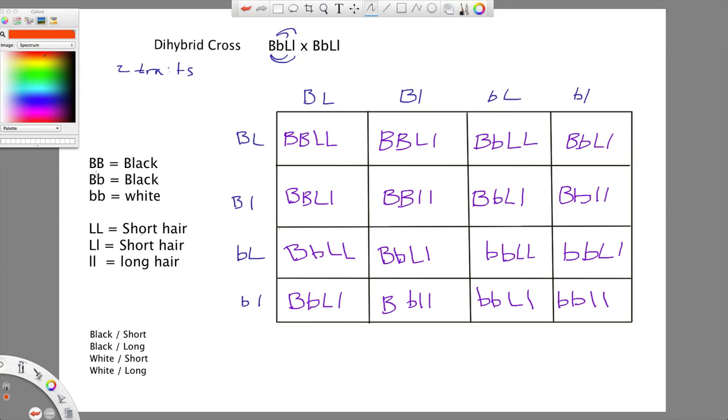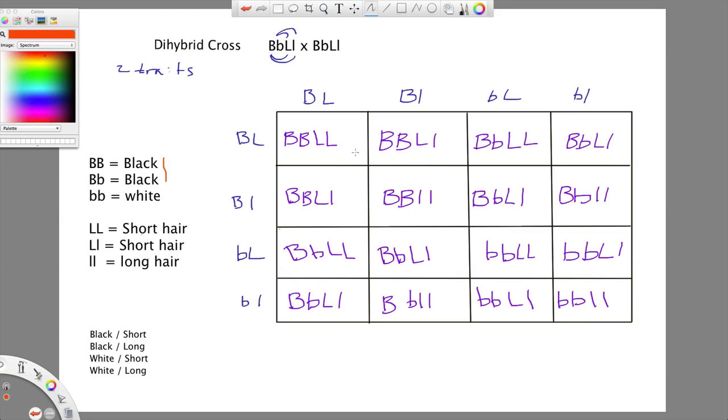We use our key, and we notice up here that black is dominant. So all we need is at least one capital B in a box, and we need to have a capital L as well, at least one.